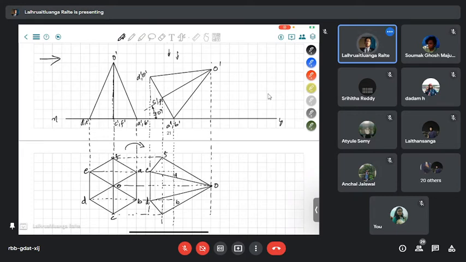Okay, so when we tilted this side, the base part is going to be invisible, right? It's going to be hidden.